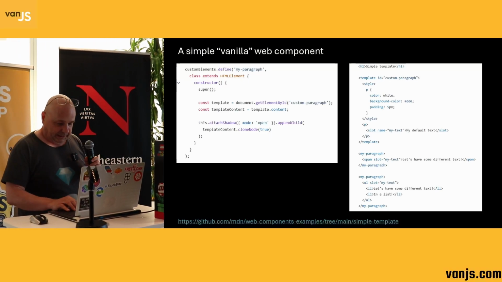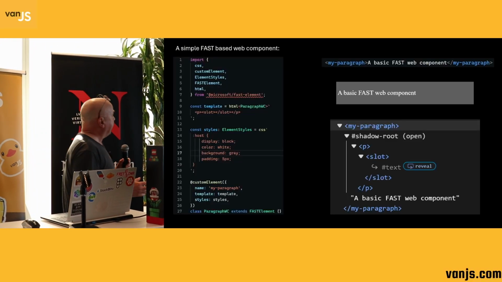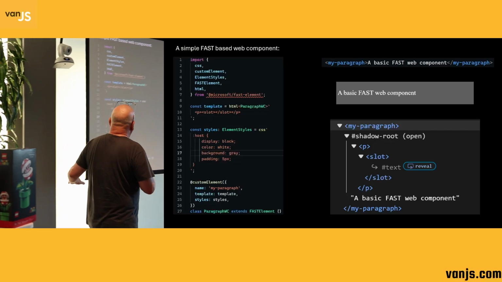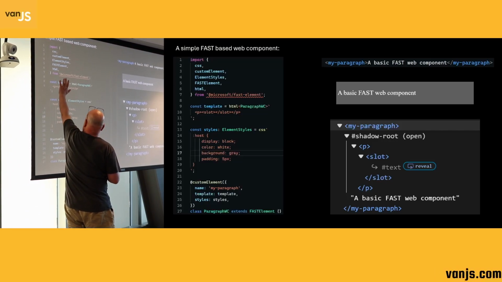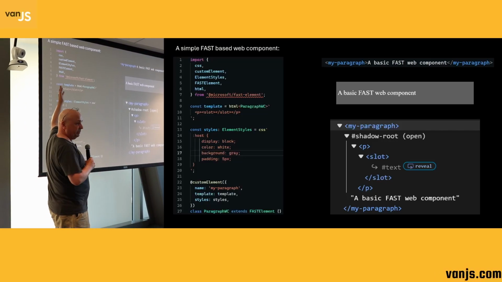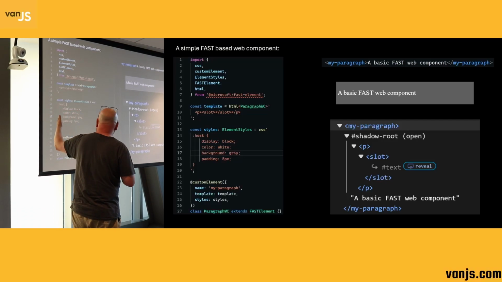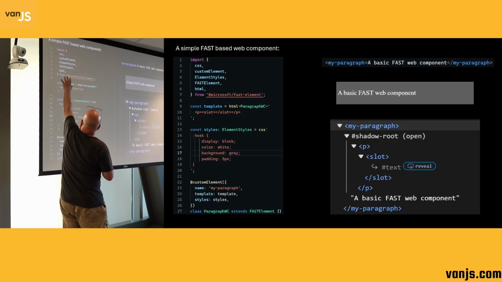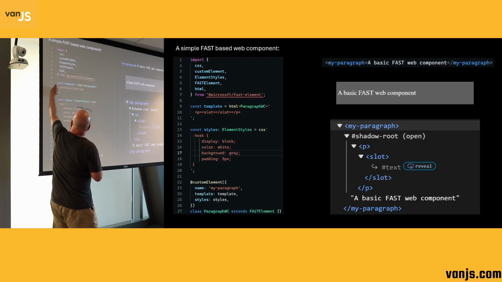So let's look at a basic FAST web component. This is my code. This can all be in one TypeScript file. I like TypeScript, but you can do this with vanilla JavaScript if you want as well. I import some stuff from fast-element, and I declare my template as a variable.